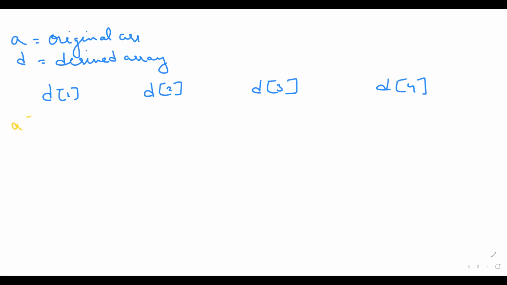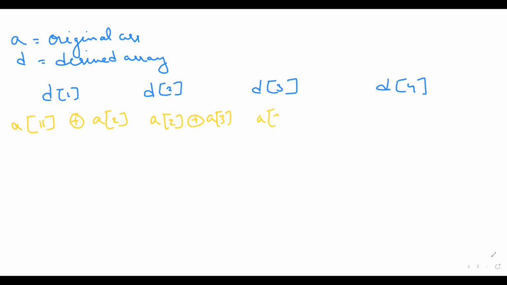Derived of 1 will be original of 1 XOR original of 2. Then derived of 2, how will we get it? Original of 2 XOR original of 3. How will we get derived of 3?